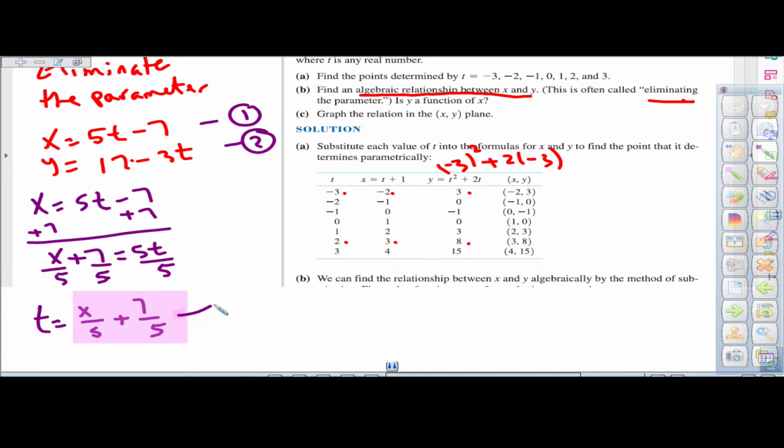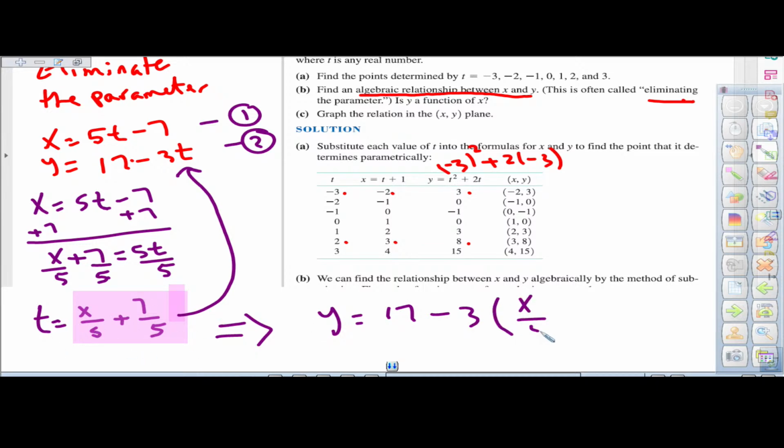Basically, you're doing substitution here. So in this case, y equals 17 minus 3 times this box here, the t box, which is x over 5 plus 7 over 5.